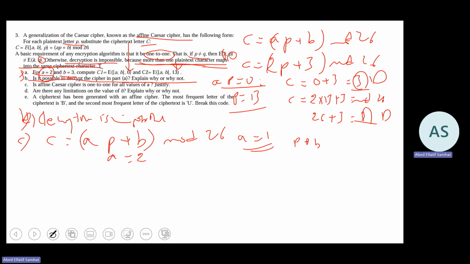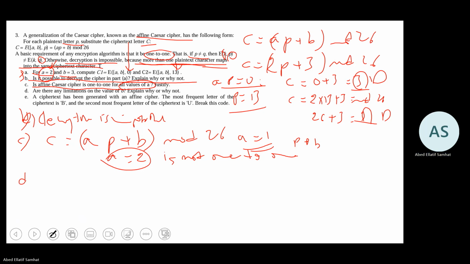So the result is that the Caesar cipher here is not one-to-one for all values of A. As we said, for A equal 1, it's a one-to-one cipher, but for A equal 2, not. You can also check by yourself what the other values of A are that are not one-to-one.